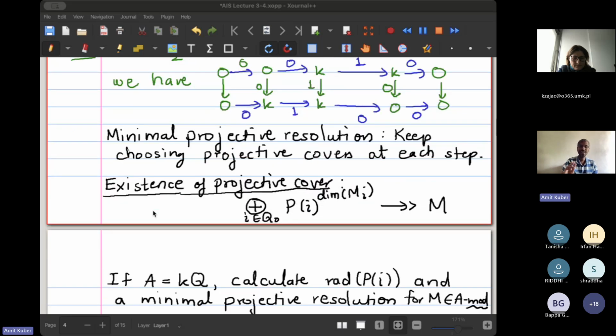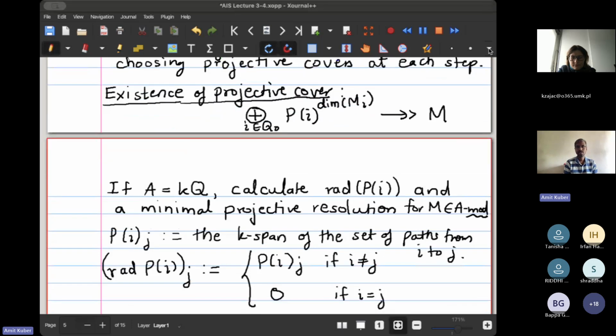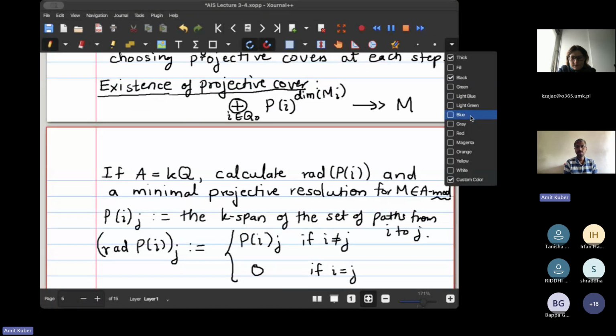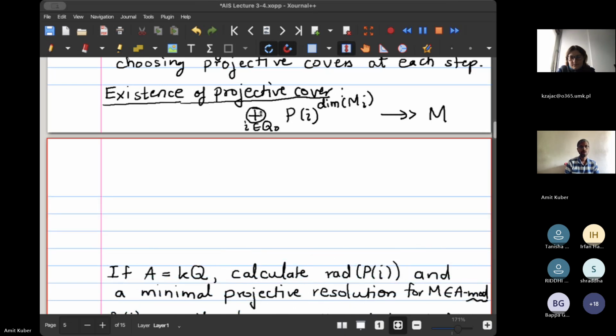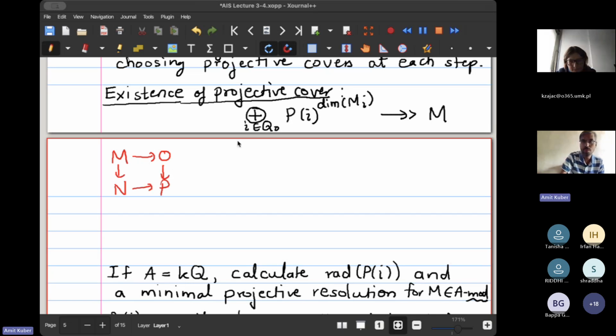Okay, maybe I should write this now, because you are confused about this. I'm going to use a red color, and I will write this in this space. If you think about this commutative square, with M and P and 0, will this commute in general if M and P are non-zero?